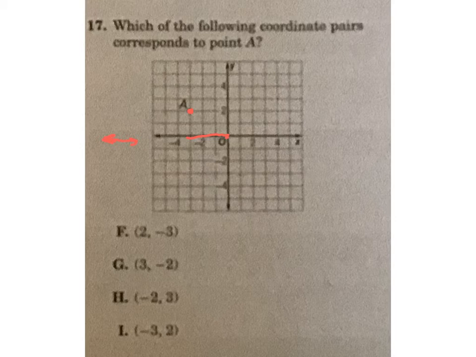That's -2, -3, -4. So the first number must be -3, which is this one right here. And then it's going up, so it's a +2, and the 2 is the second number. So -3, comma 2, that equals A, which is that one right there.